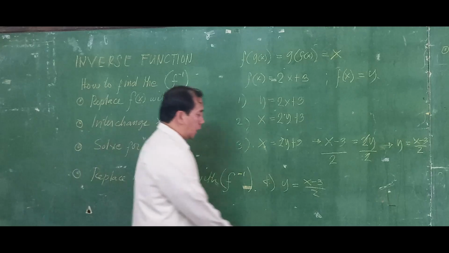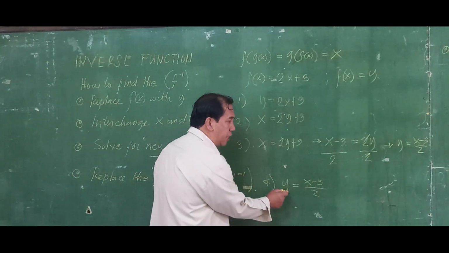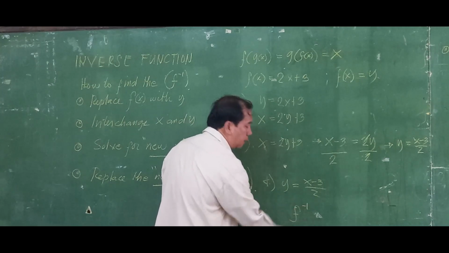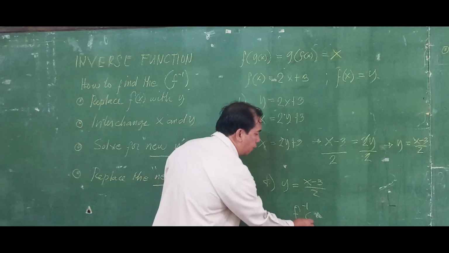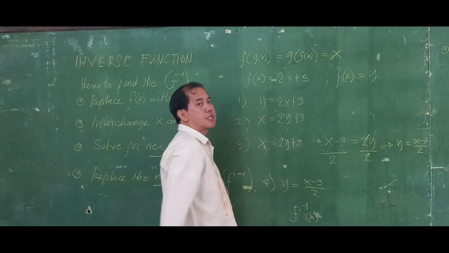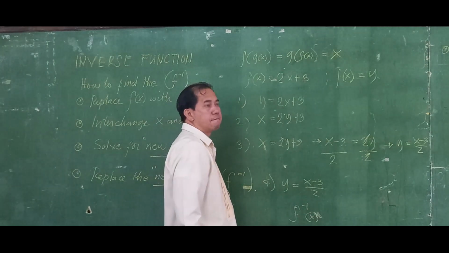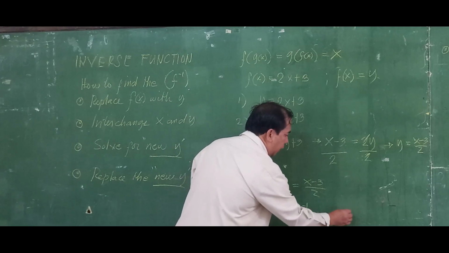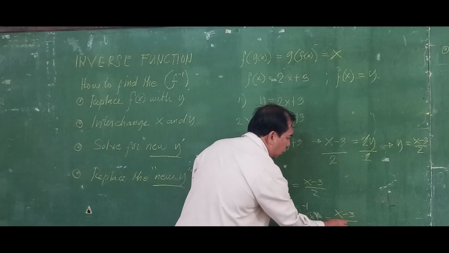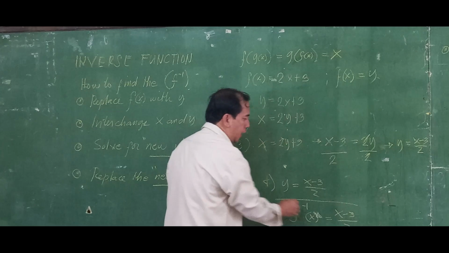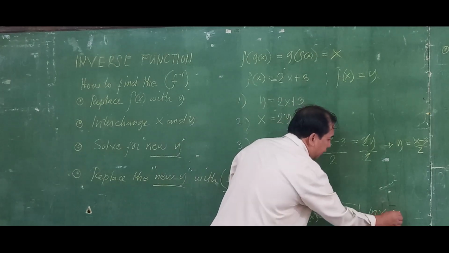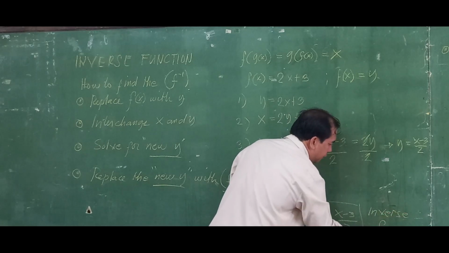So meaning, we replace this with f raised to negative 1 of x is equal to x minus 3 over 2. And what is this? This is already the inverse function.